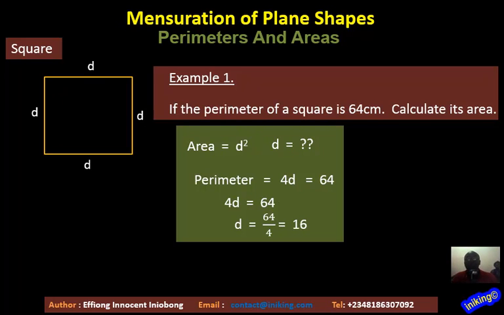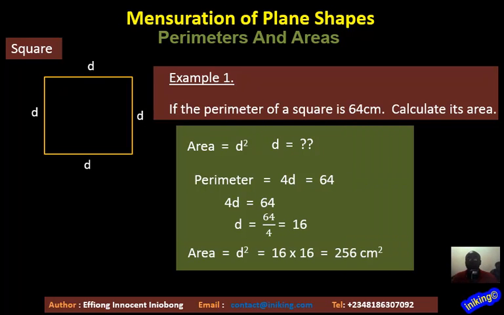Having gotten the value for D, we progress to find the area of the square. As you can see, the area of the square is D squared, which is 16 times 16. And that gives us 256. I think I did this in nursery 1. Nevertheless, we are still treating secondary school mathematics.